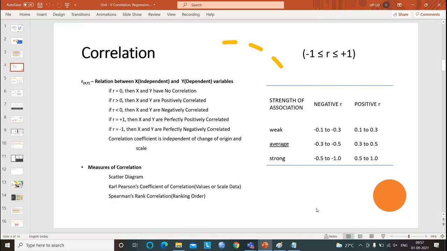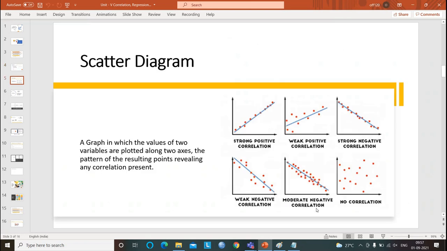The first one is going to use a scatter diagram to find out whether there is a relation between x and y variables. The second is Karl Pearson's coefficient of correlation. And the third one is Spearman's rank correlation. These are the 3 methods we use to find correlation between 2 variables.